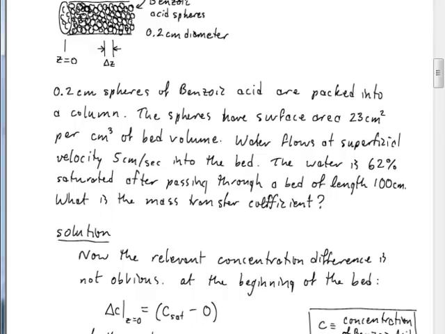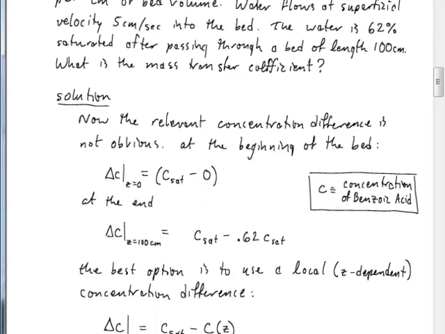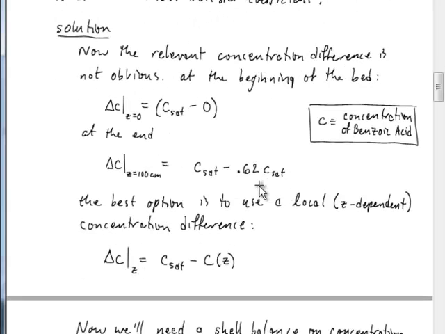Well, now the mass transfer coefficient is not so easily defined. We could think about defining the mass transfer coefficient so that the total flux is equal to some constant times the initial concentration driving force. That would be the saturated concentration at the surface of the benzoic acid spheres, minus 0, which is the concentration in the water at the beginning of the bed.